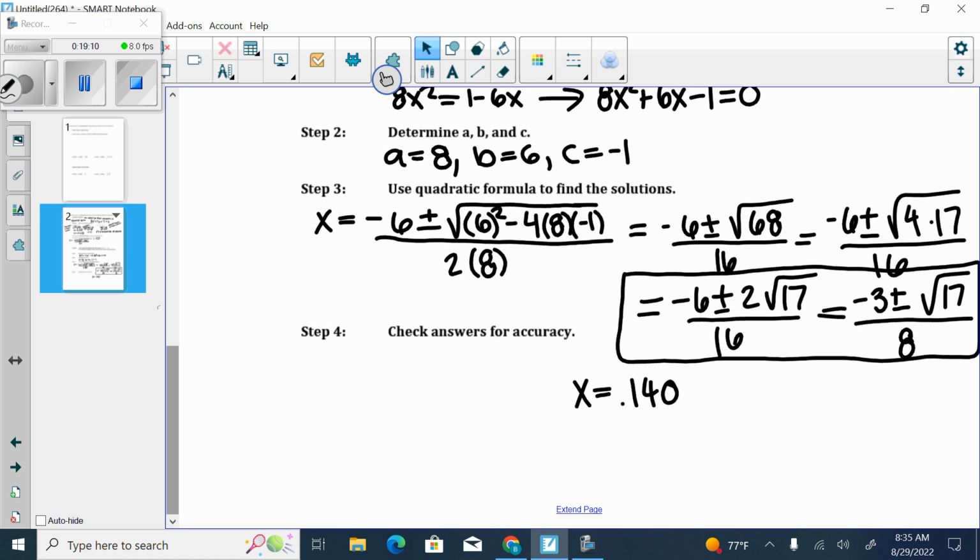We're going to take it 3 decimal places on both. And then I would type it in exactly like we just did, but instead of negative 6 plus that radical, I'm going to do negative 6 minus that radical. And approximately what would that one be?